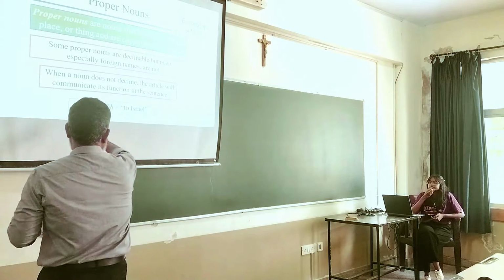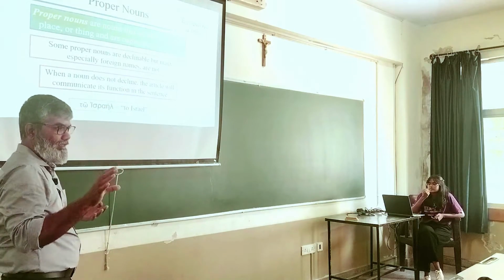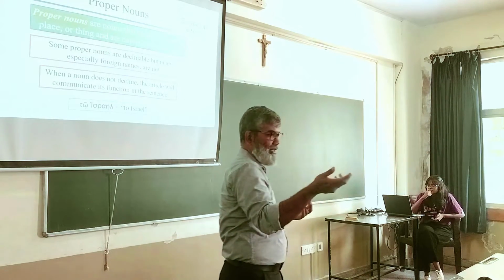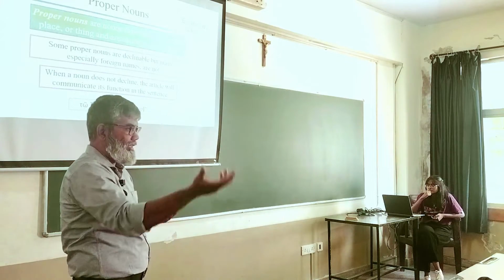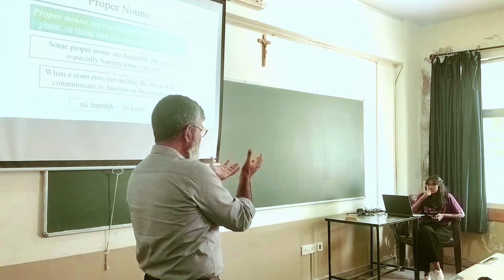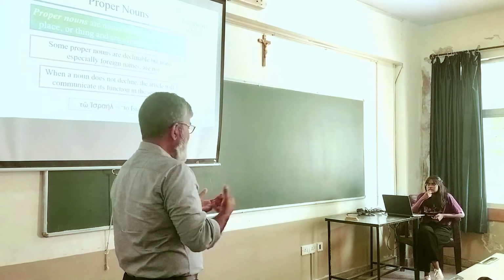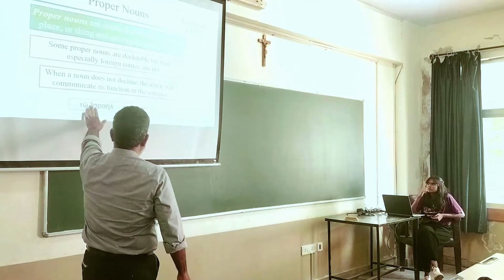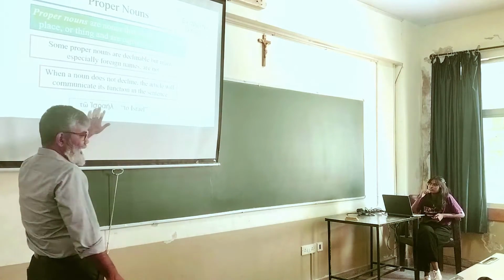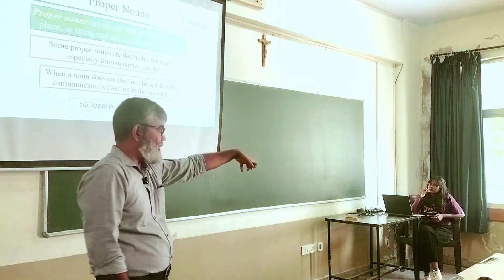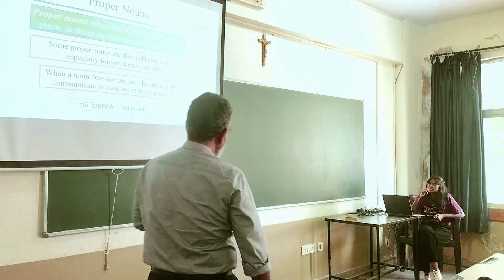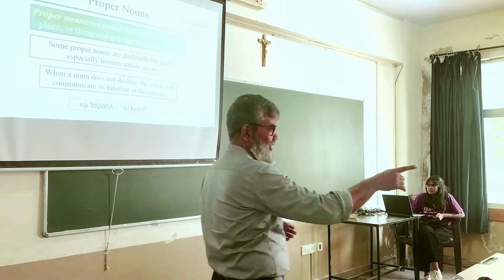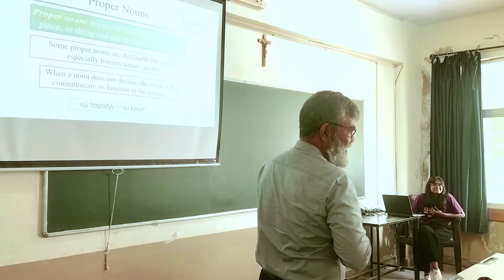Only the article will tell you. Okay, for example, from Galilee: if it were declinable, the word Galilee would have a genitive ending to show it is genitive. But most of the foreign names will not decline. So only the article can tell you whether that proper noun is an object, a subject, or a possession. Did you get me? Am I clear?